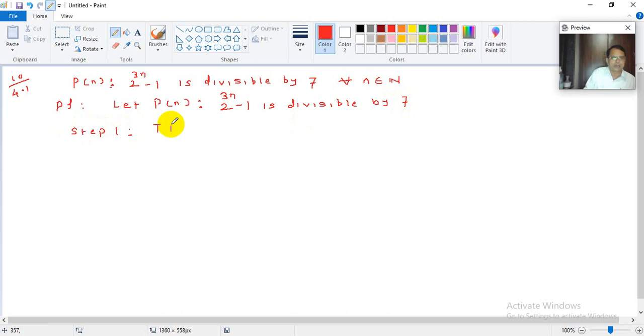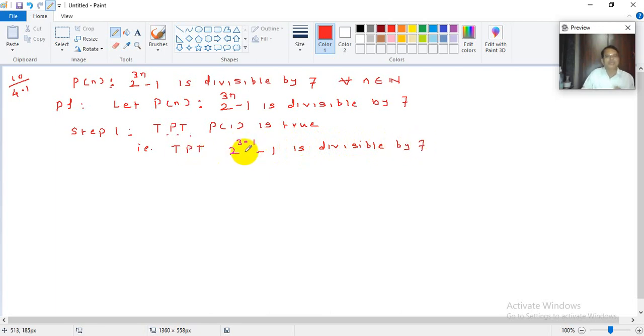To prove that P1 is true. That is, to prove that 2 raised to 3 into 1 minus 1 is divisible by 7. Now what is 2 raised to 3 into 1?